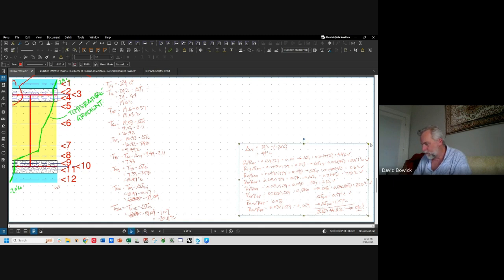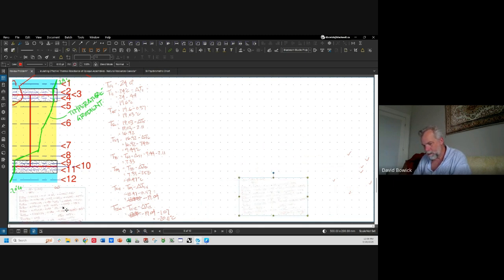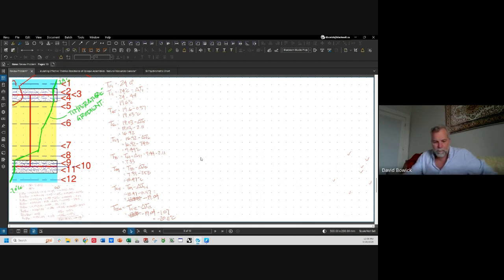We're identifying that our dew point was 13 degrees Celsius. So let's look at where 13 degrees Celsius happens.